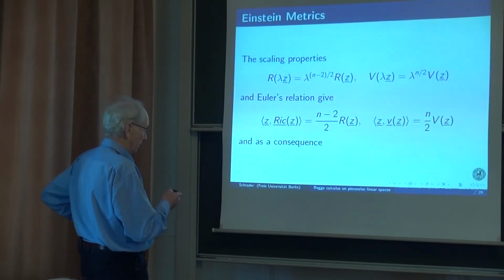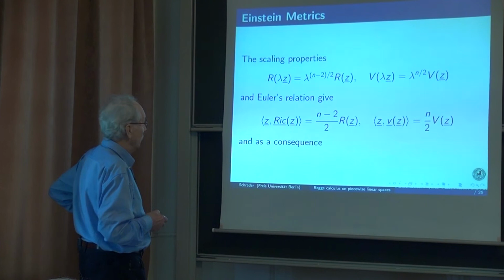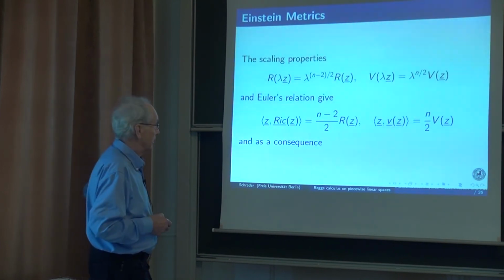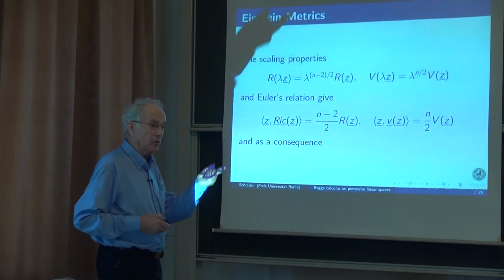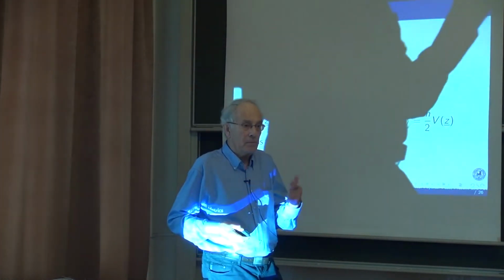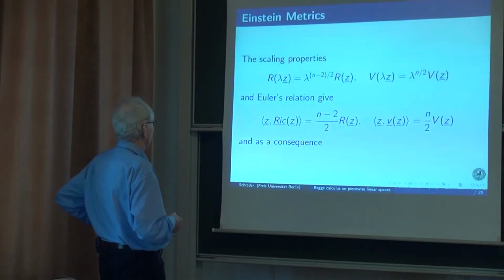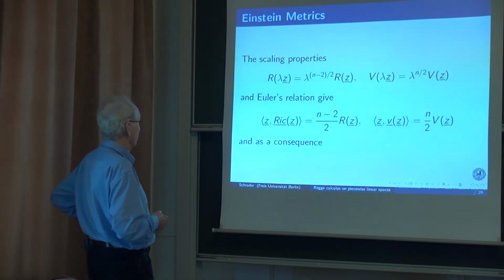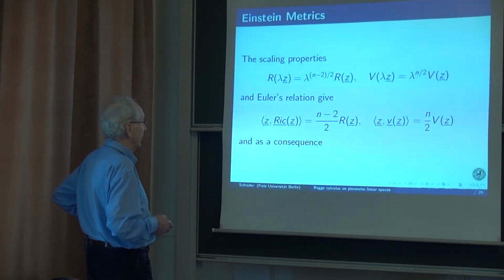And then there's something that is very important. This Ricci curvature satisfies a scaling property, which is analogous to a scaling property for the usual total scalar curvature. If you change the metric by a multiple, then it scales accordingly. And that gives rise to, the second time I'm happy to mention Euler, Euler's relation. In order to get the scalar curvature back, you don't have to integrate, you just take the scalar product with z, and then you get this here.